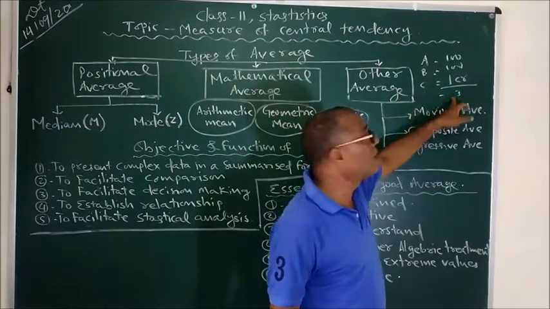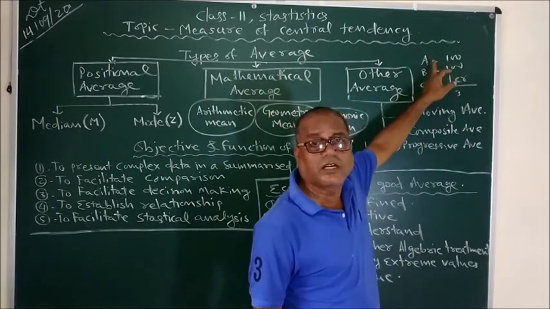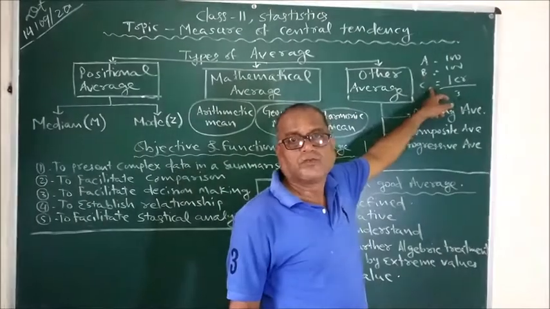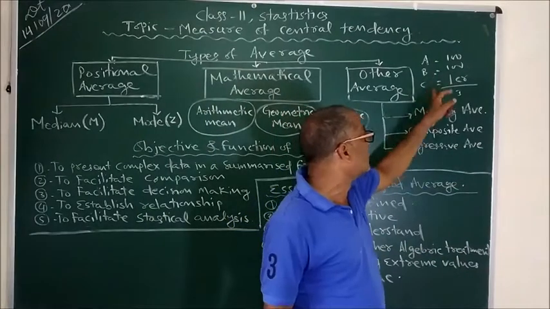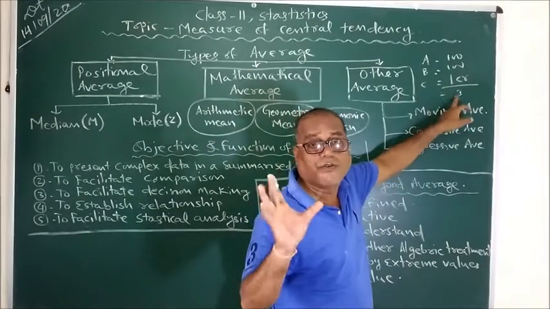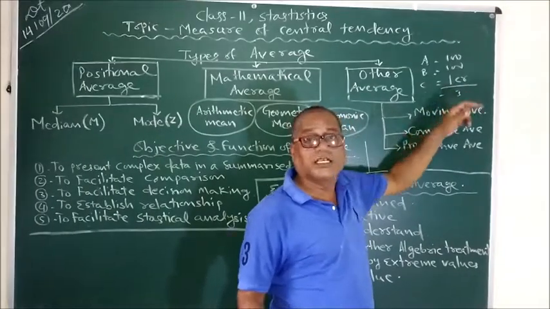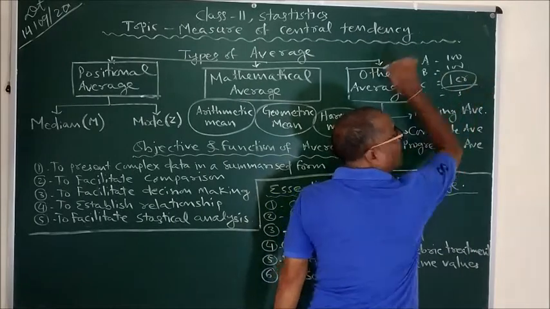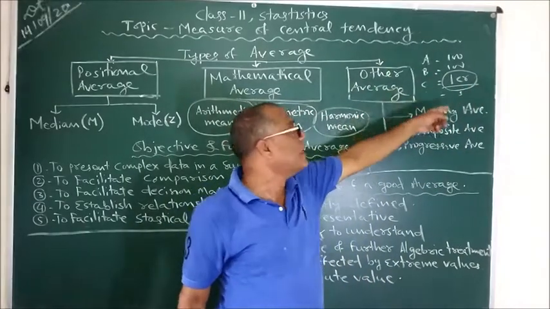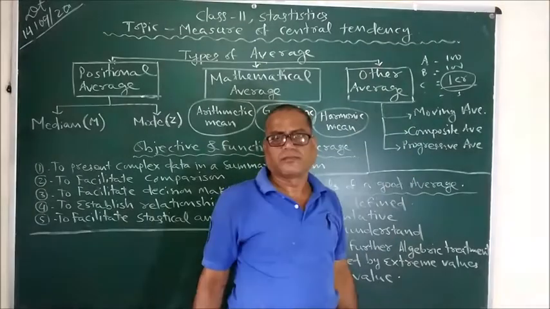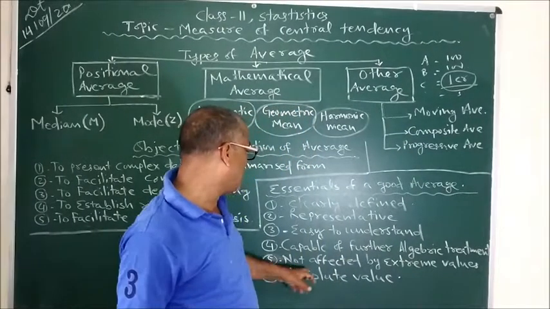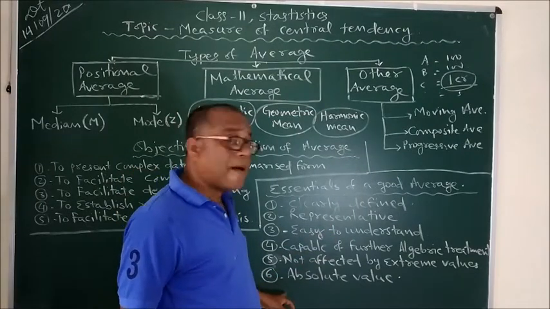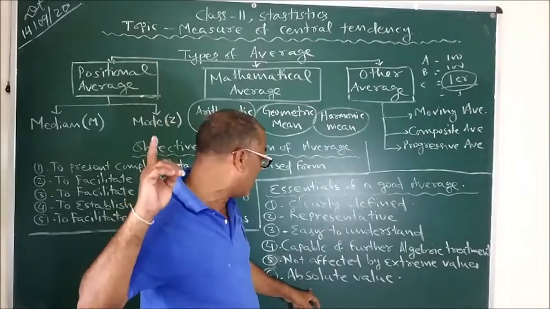And that number is neither representing A nor B properly, neither representing C properly. That's why we can say that in this case the average we calculated is being affected by the presence of one extreme value, that is 1 crore. This is one extreme value present in the population. So a good average must not be affected by extreme values.